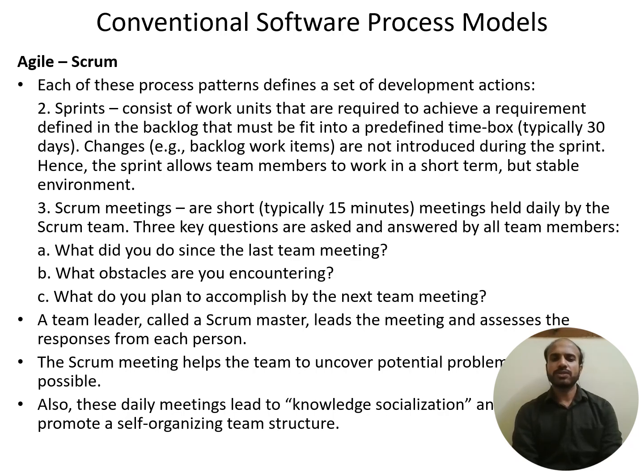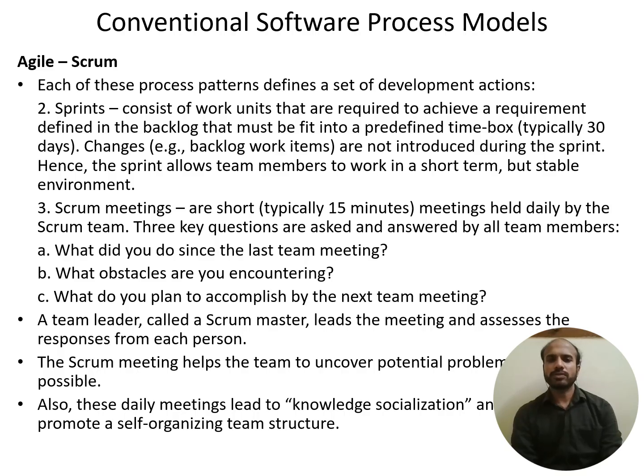If there are any changes to backlog work items, changes are not introduced during the sprint. This needs to be understood. That is, when a sprint is being carried out, you will not be able to include any changes. Sprint allows team members to work in a short term but stable environment. So there are no changes that are taken into consideration.